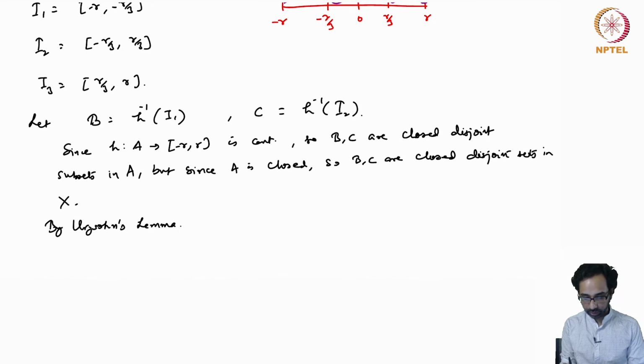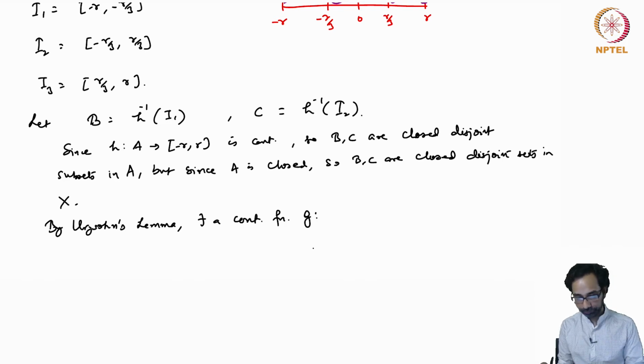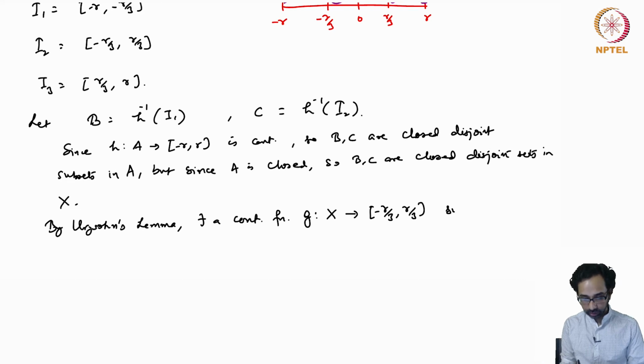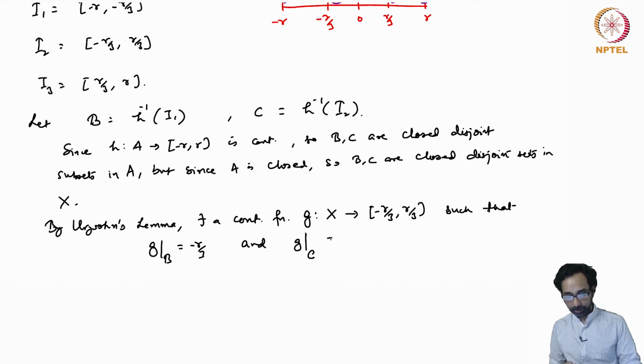So we have a function, there exists a continuous function g from X to [-r/3, r/3], such that g restricted to B is equal to -r/3 and g restricted to C is equal to +r/3.